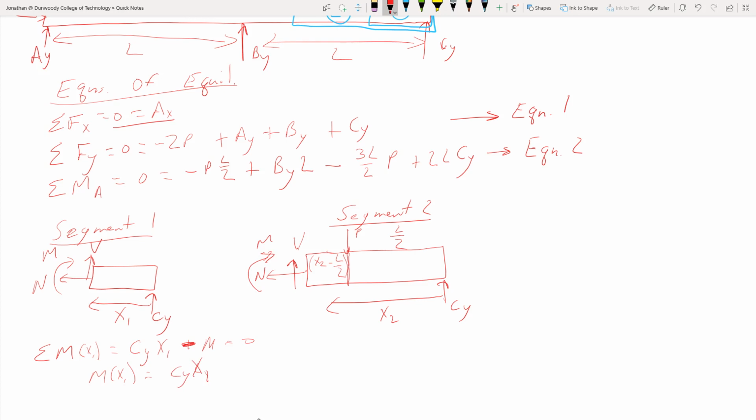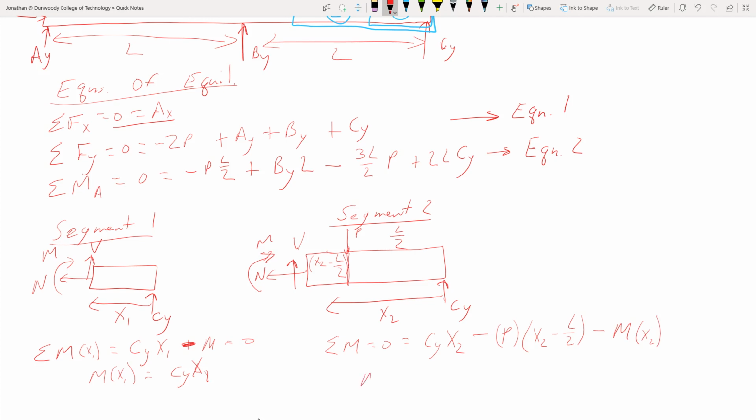Alright, so we've got that. And then from this one here, what do we get? My moments around, so using that, I'm going to get Cy times x2, this whole length, minus P times x2 minus L over 2 times this part, minus m as a function of x2, this value there.